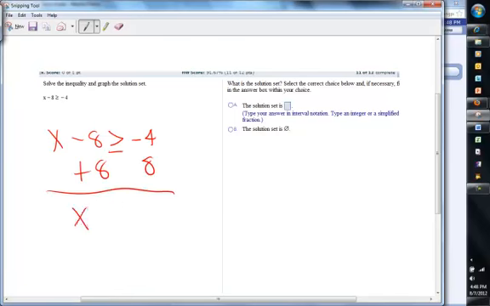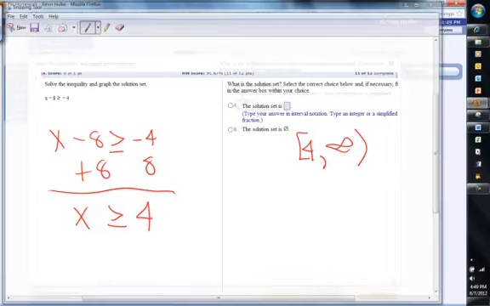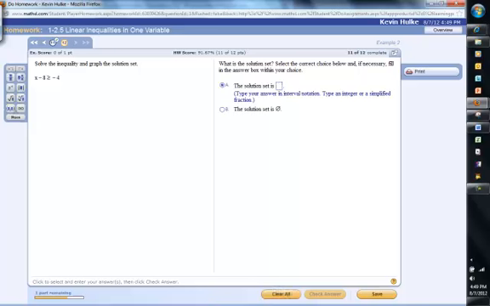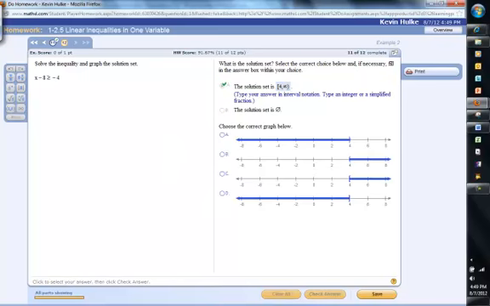And we get x is greater than or equal to 4. So we have bracket 4, comma, infinity, close parentheses. So we're starting at 4 and we're going to infinity.